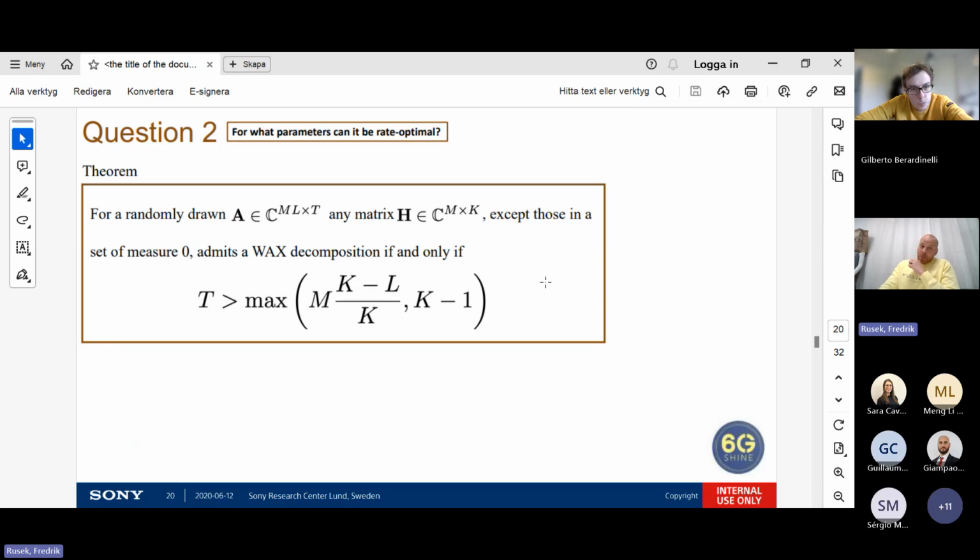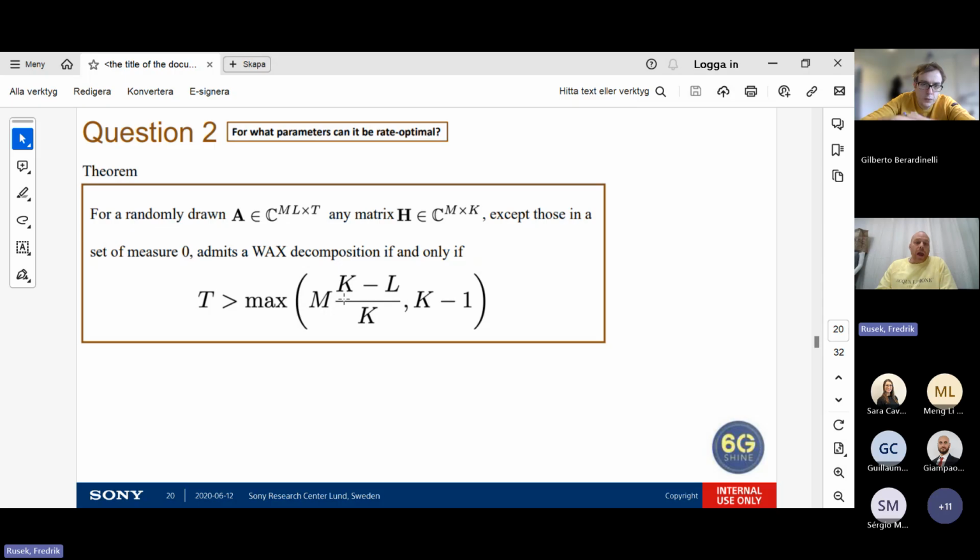And then we have a little theorem here, and it will be sharpened soon. So if you take a random matrix A that is complex, so it is not zeros and ones, it is just random. You just pick one, and you take any matrix H except those of a set of measure 0, meaning that you can find counterexamples, but they have measure 0. And then you can always do this WAX decomposition if and only if the number of CPU inputs is fulfilling some condition here.